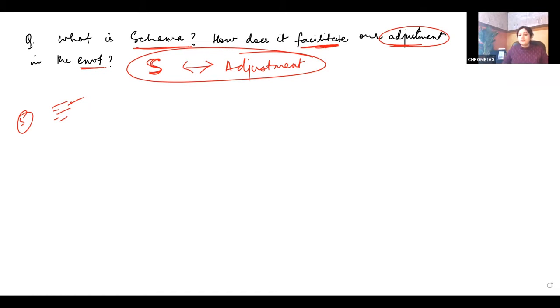So schemas are the mental templates or the categories that our mind creates, so that we are able to structure our concepts better, interpret the world objectively, or rather, interpret the world in a meaningful manner, right? So basically, in simple terms, your schemas are cognitive shortcuts.